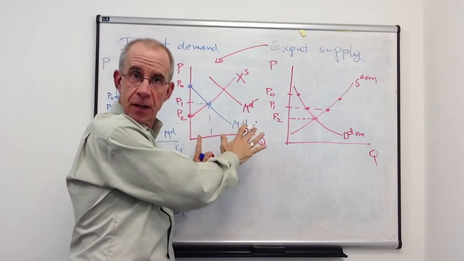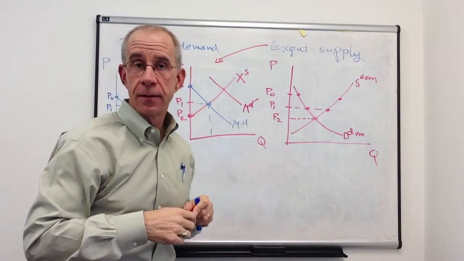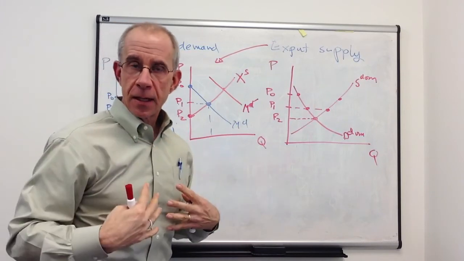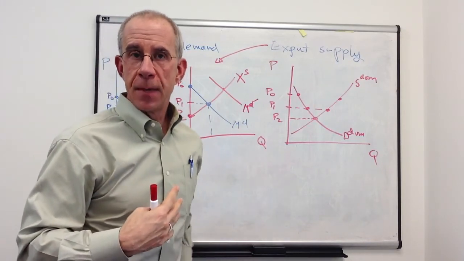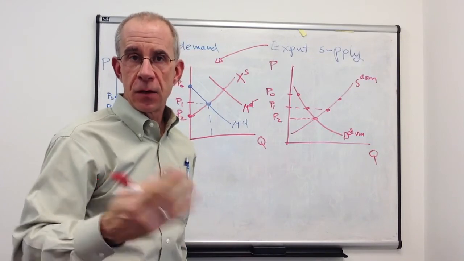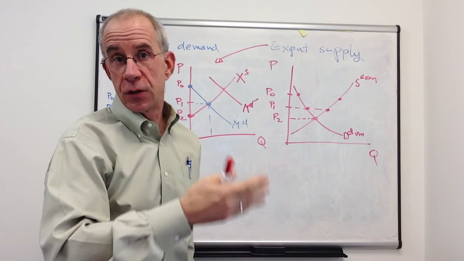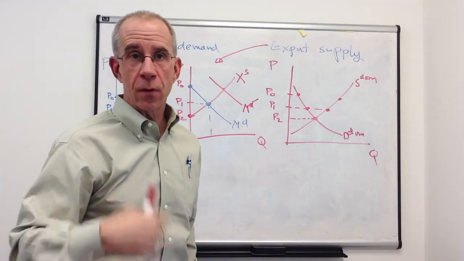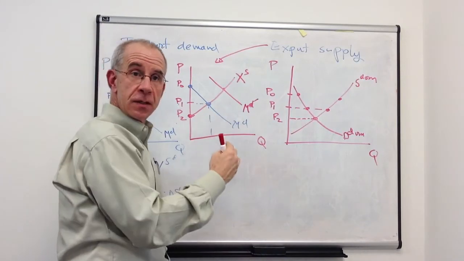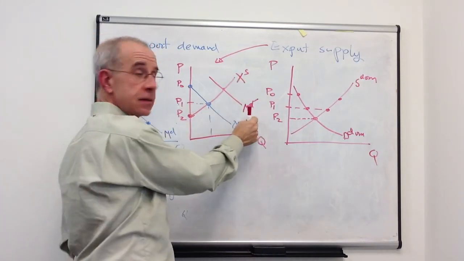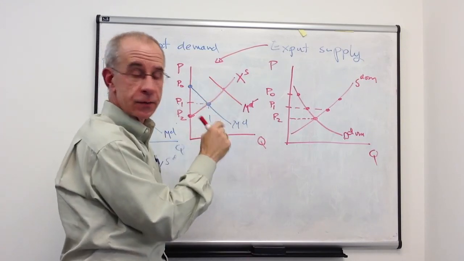So, if you think about, for example, the growth of China, as it has grown, China has wanted to import many basic commodities that are used in the production of goods that China subsequently exports, or for Chinese domestic consumption. That increase in demand in China will shift this import demand curve out and increase the world price.